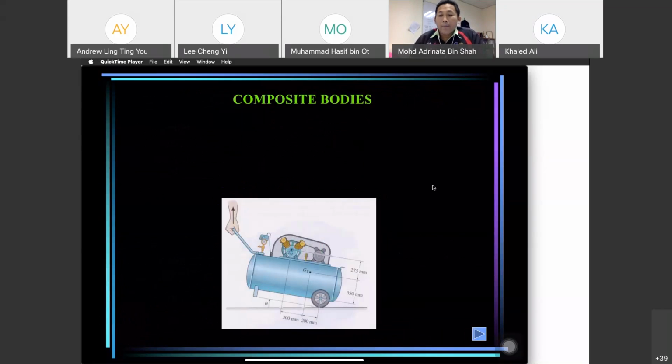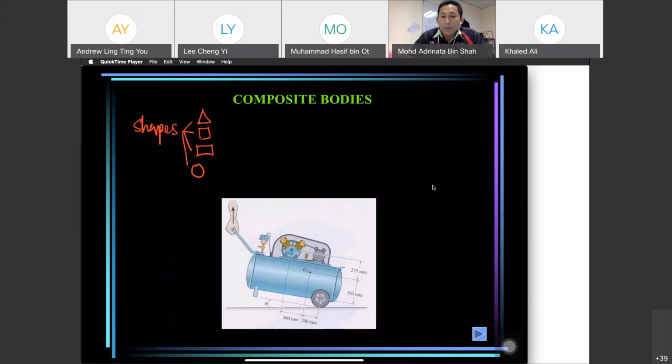I will explain about the composite bodies. Composite is if we have so many shapes. We have general shapes, which are triangle, square, rectangle, circle.